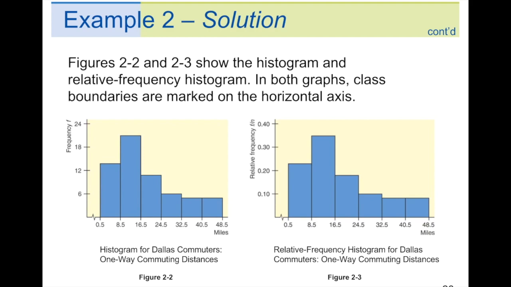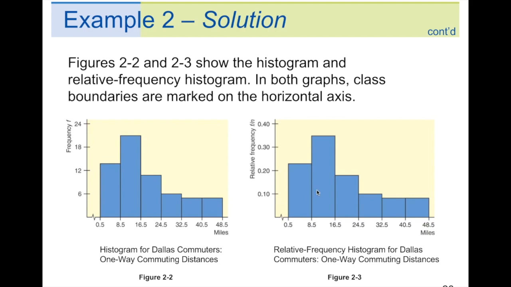On the left, we have the frequency histogram, and on the right we have the relative frequency histogram. So on the left, see from 0.5 to 8.5, that was the 1 to 8, it goes up to about 14. So right here is about 14, and each one goes to where it was.